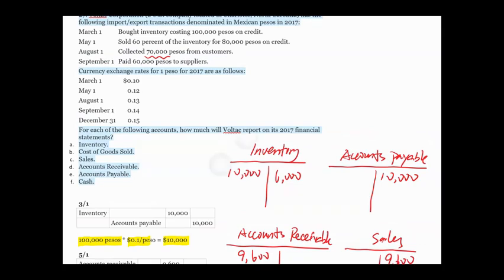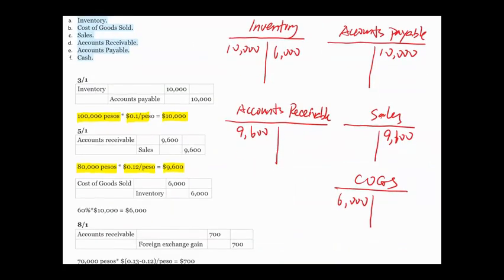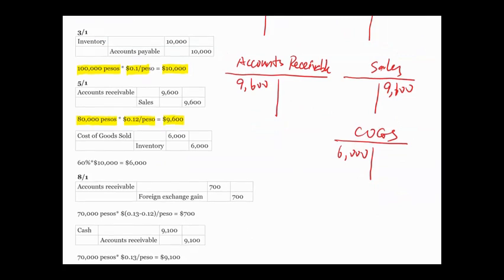It changed from 10 cents per peso to 13 cents per peso, which means that for 1 peso their customer owed them, it has now increased by 3 cents. It's like having a foreign investment: because the foreign currency's value increases, the asset increases at the same time, and the increase equals the total amount of the asset.